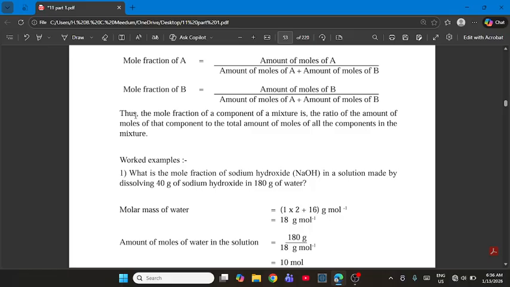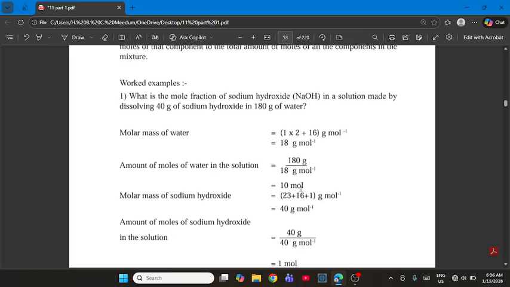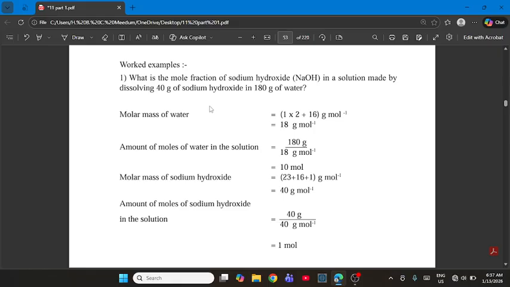Worked example. What is the mole fraction of sodium hydroxide in a solution made by dissolving 40 gram of sodium hydroxide in 180 gram of water? Okay. Molar mass of water, H2O.